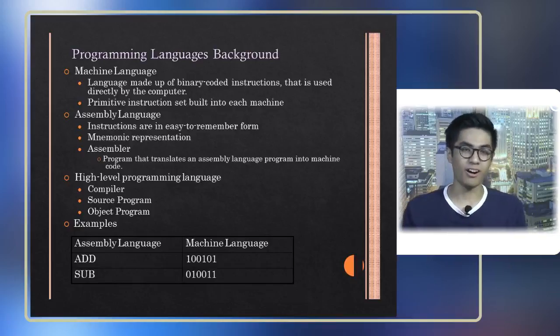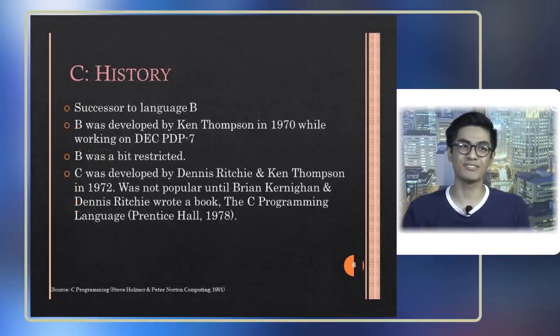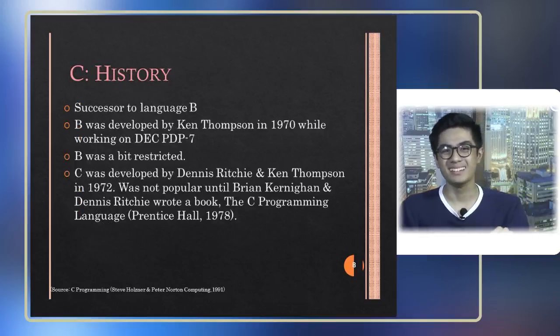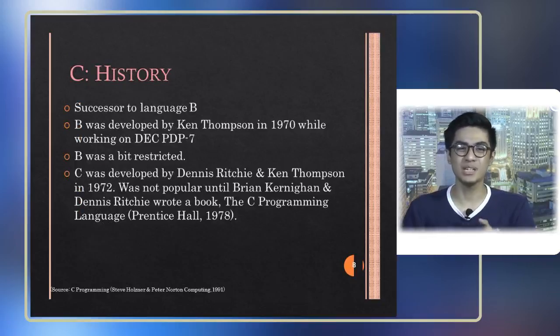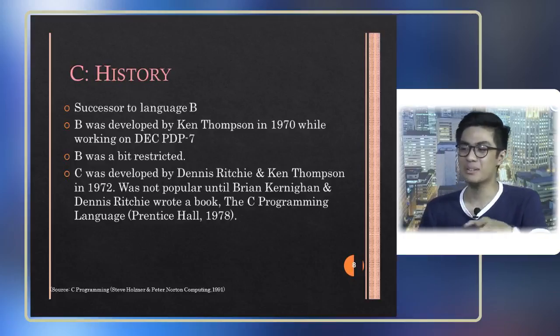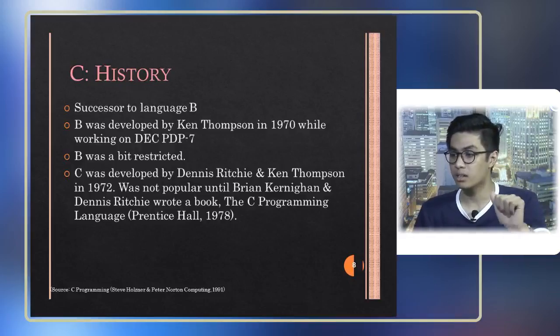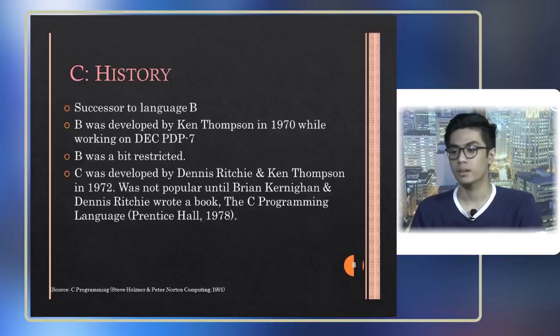So let us move on to the history of the language which we will learn today, which is C programming. So C is the successor to the language B. So C wasn't just a randomly thought name. It was actually a successor to a programming language called B. So B was developed by Ken Thompson in the 1970s while working on the DEC PDP-7.